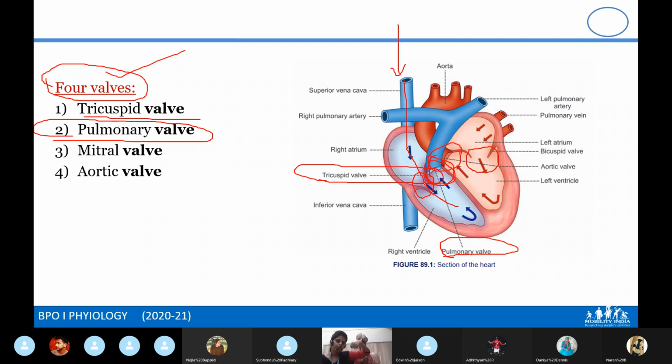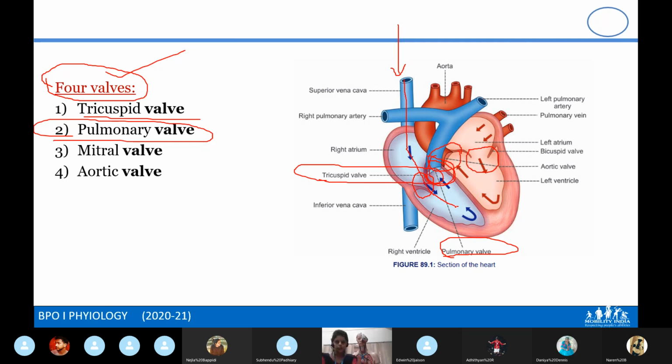So when blood will be filled in the right atrium, the valve will open and it will supply blood to right ventricle, then valve closes.